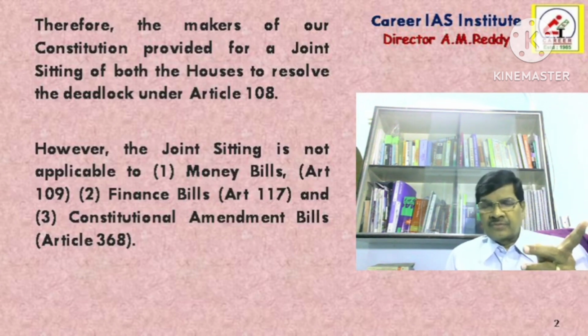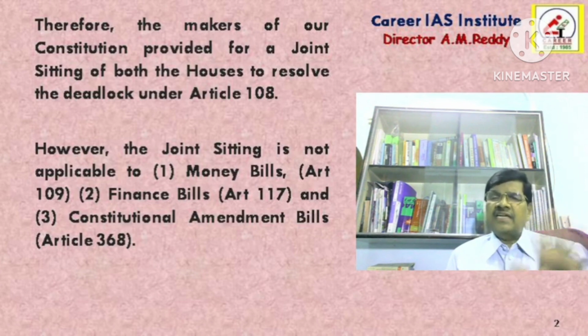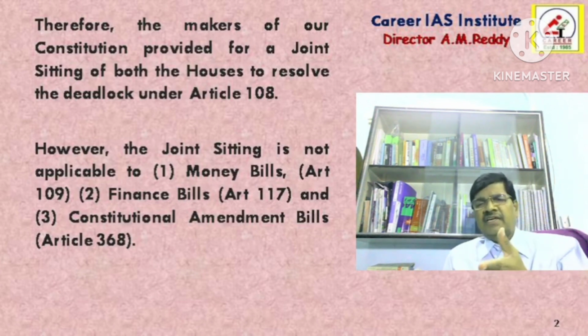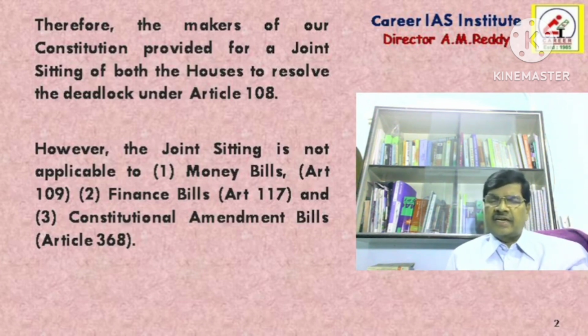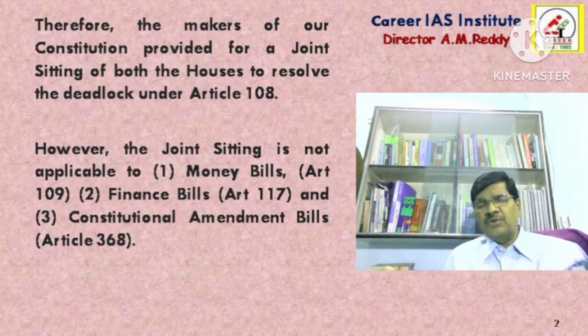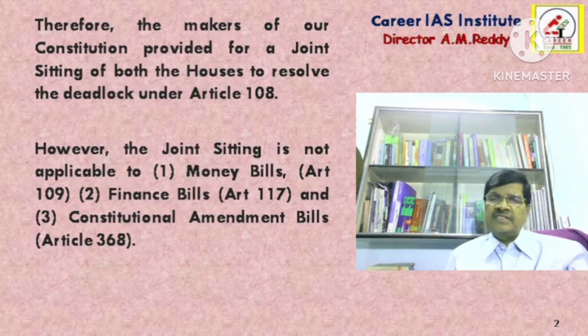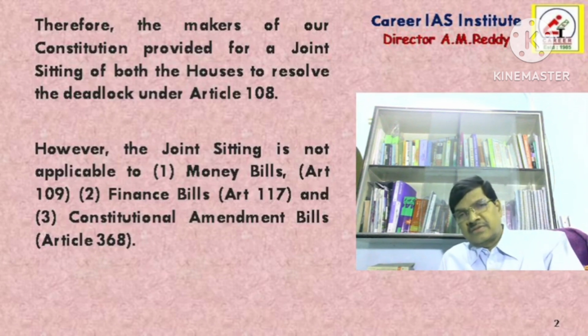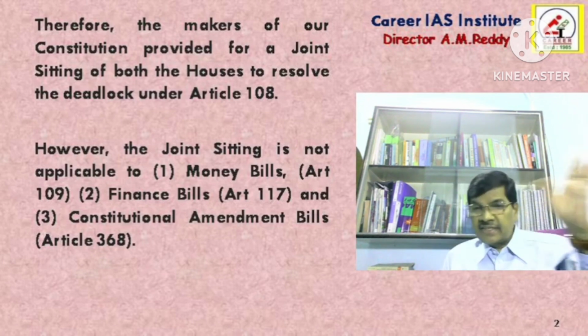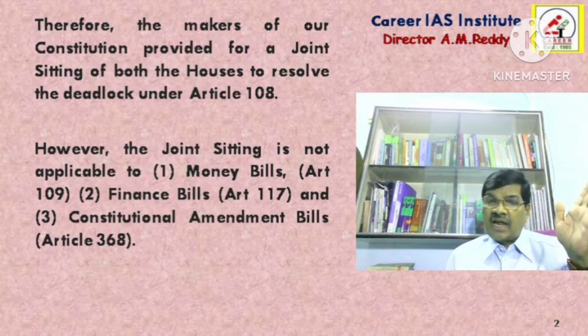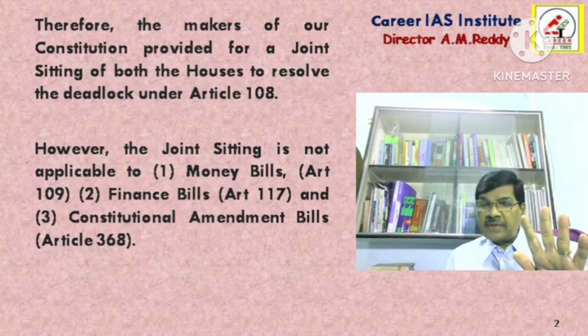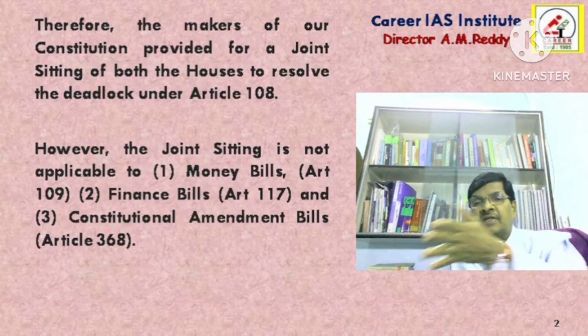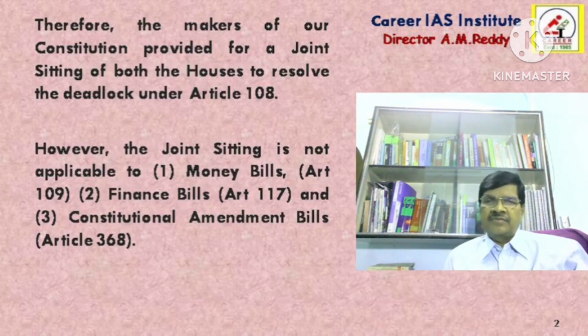That is different. That is routine, because immediately after the general elections, the President addresses the members of both the houses of Parliament assembled together, or the first session of each calendar year. That is different, and this is different. There, under Article 87, it is summoned by the President and addressed by the President. But here it is not the case. It is summoned by the President, that's all.